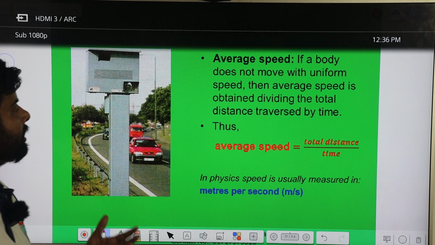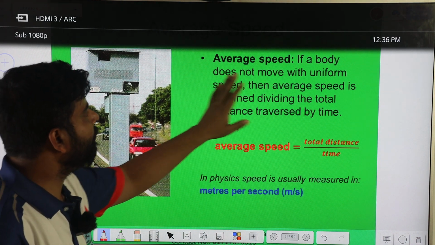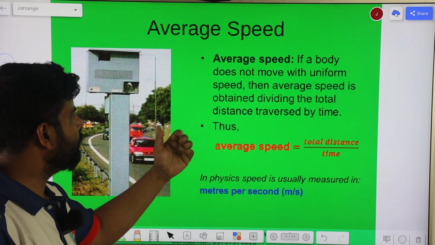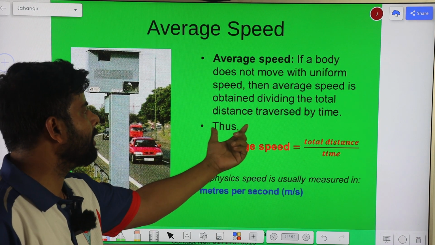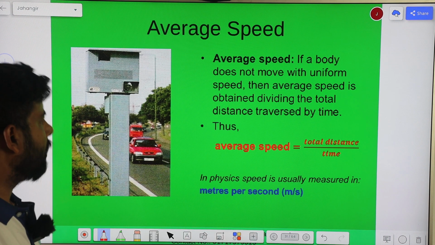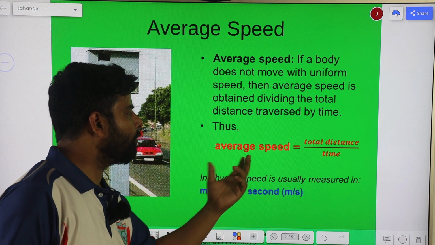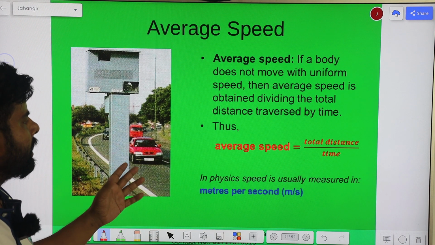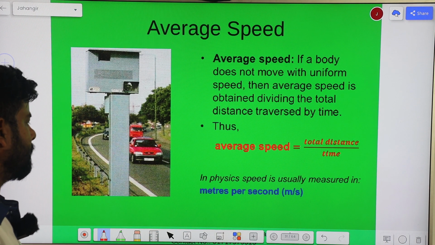Now, average speed. If a body does not move with uniform speed, then average speed is obtained by dividing the total distance traversed by the time. Formula for average speed: total distance divided by total time taken. In physics, speed is usually measured in meter per second.